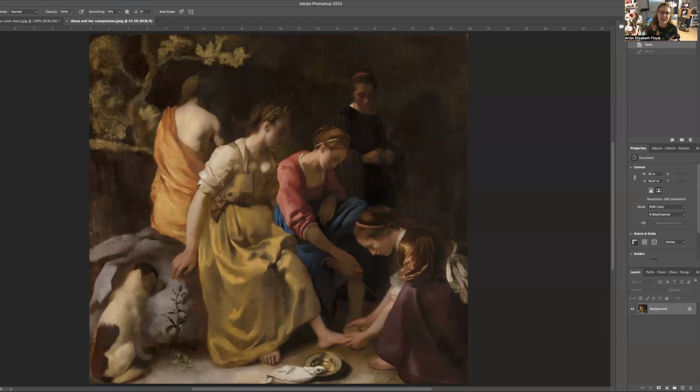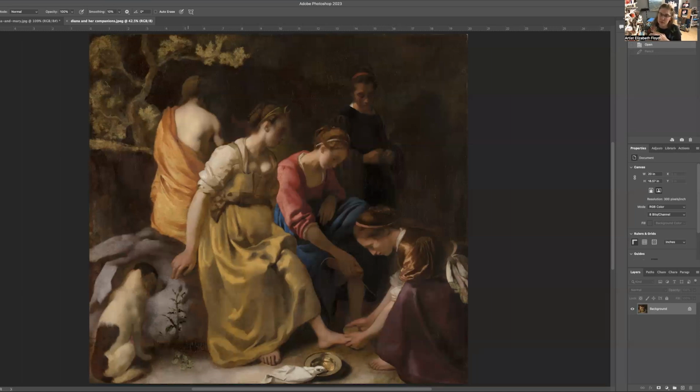The other one that tends to be seen in the art world follows the story of Callisto, who was one of Artemis Diana's nymphs.